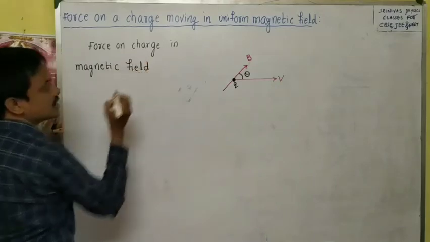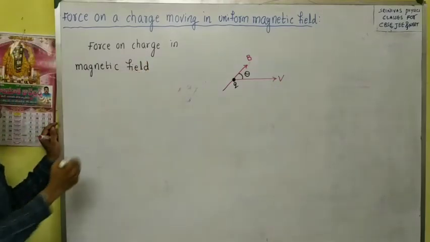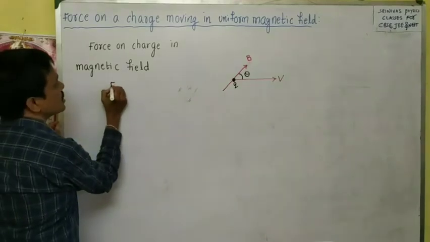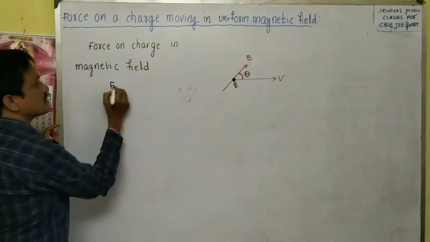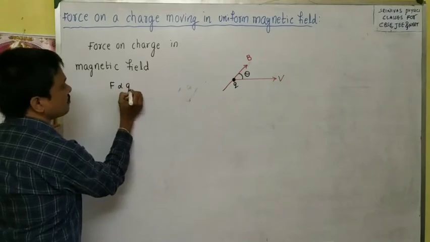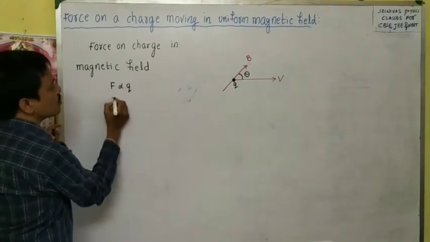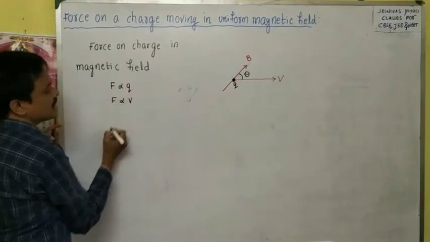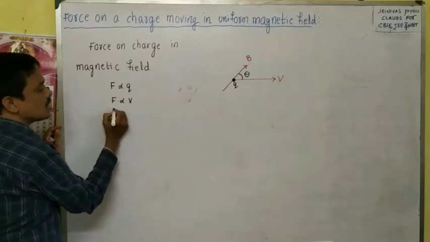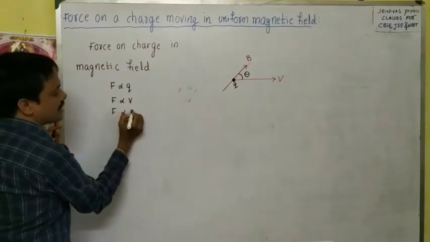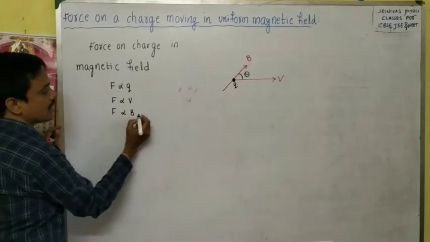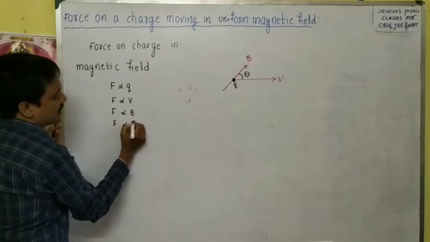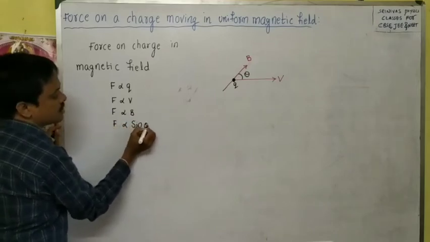On what factors does the force depend? Look here. The force depends upon the magnitude of the charge, the velocity, the magnetic field, and sine theta. These are the factors on which the force depends.